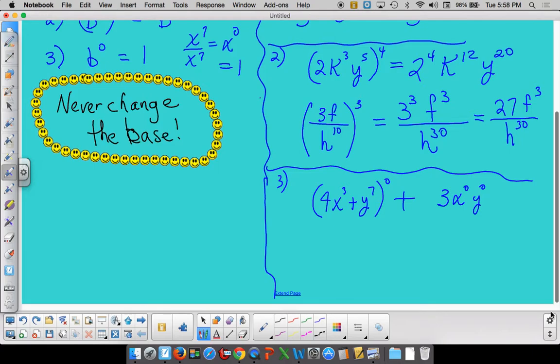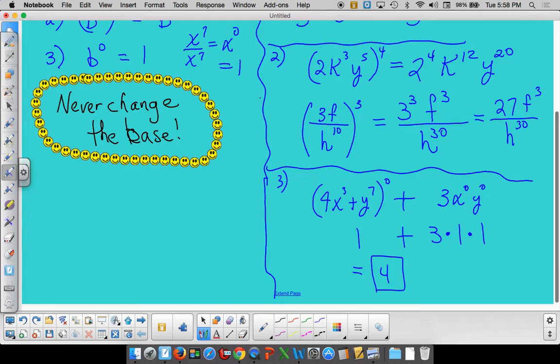And the last one would be correct. The whole quantity is to the 0 power, so consequently the whole thing becomes 1. But over here on the right side, 3 does not have a 0 power on it. 3 does not become 1. Each of the variables becomes 1, and so therefore I'd have 1 plus 3 for a total of 4.